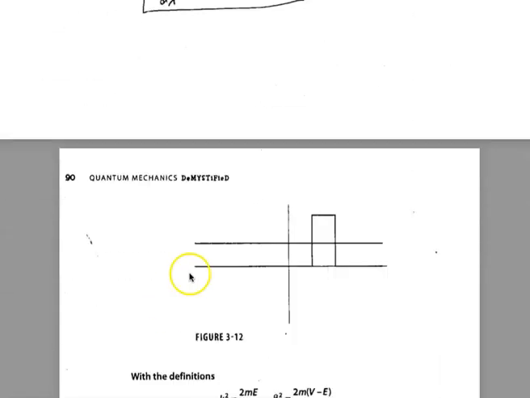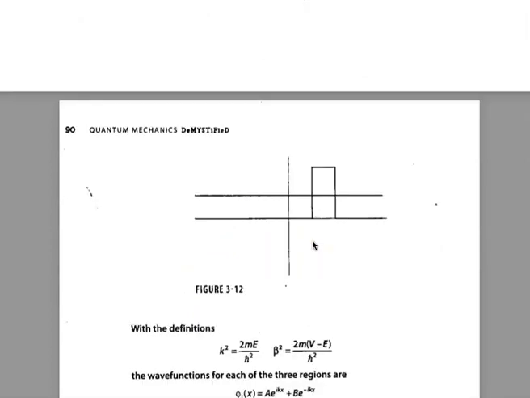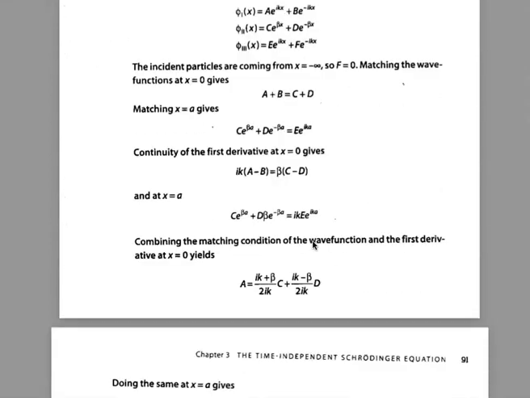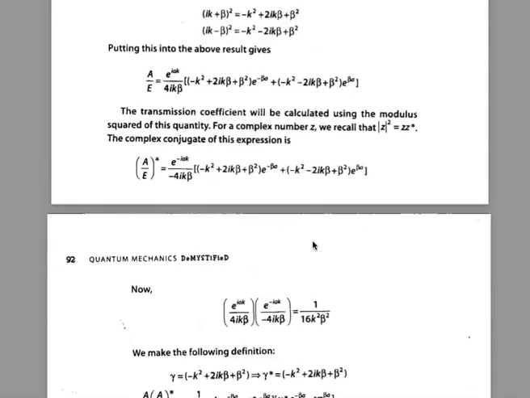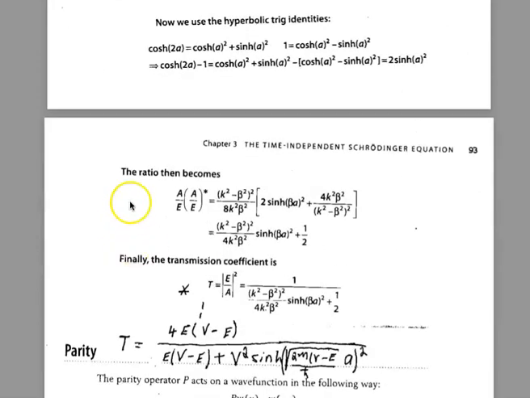This is another example of a finite step, and we can go through the mathematics here as well. This one is a bit more difficult, but you can also calculate the transmission and reflection coefficient for this case as well.